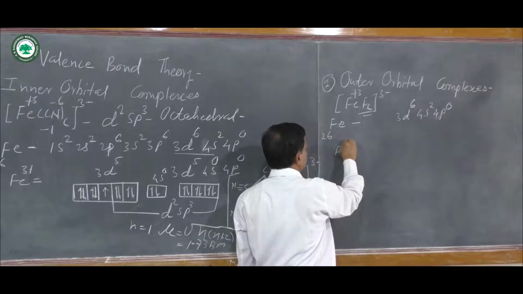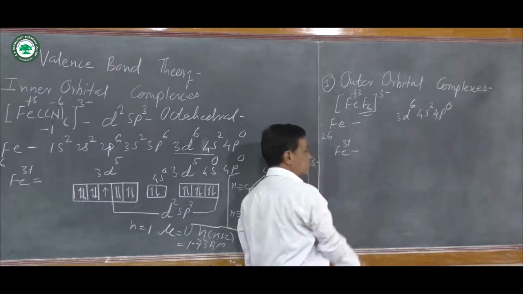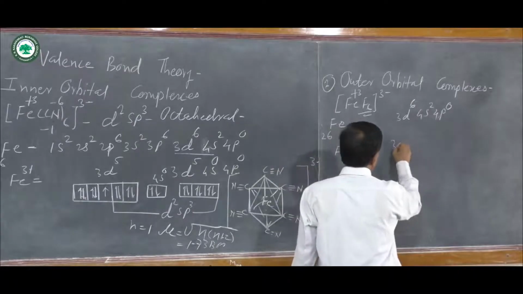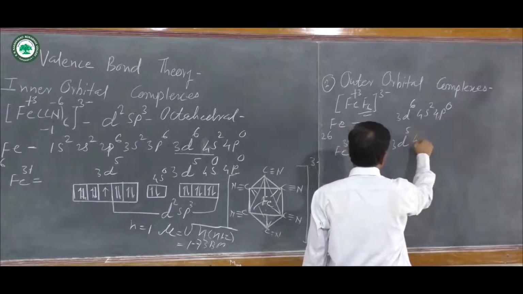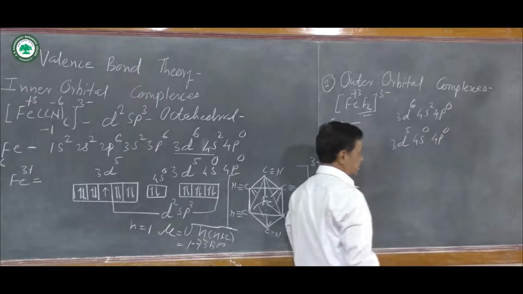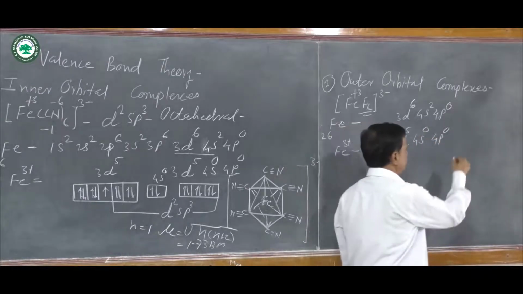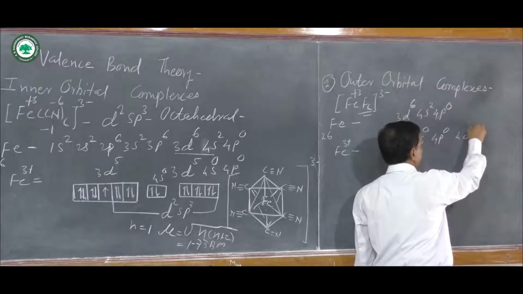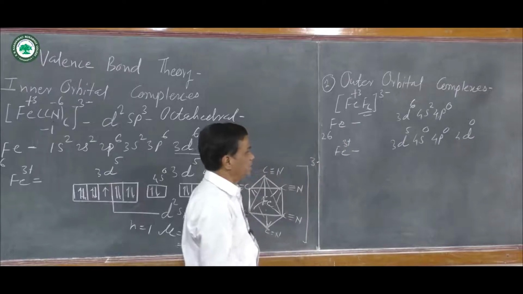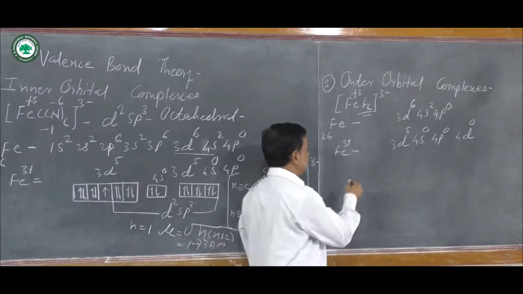Therefore, Fe3+, there is a loss of 3 electrons, and in the valence shell 3d5, then 4s0 and 4p0 orbitals are there. Next to 4p, 4d0 orbitals are also there, and these orbitals are represented by a box diagram.